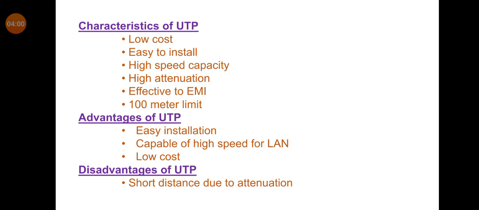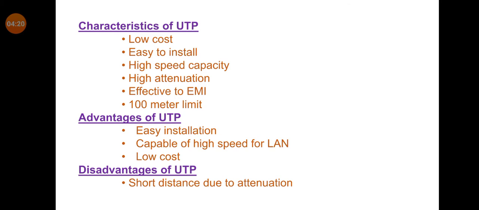Then the third characteristic is high speed capacity. The first two characteristics are the same as coaxial cable, but the third is different. It has more speed than coaxial cable. Then the next one is high attenuation.